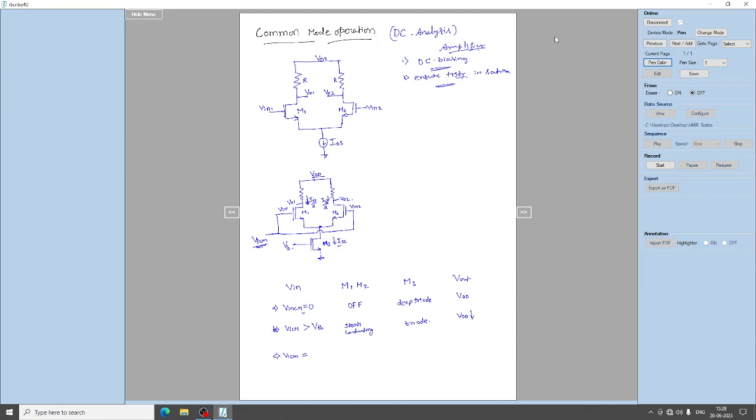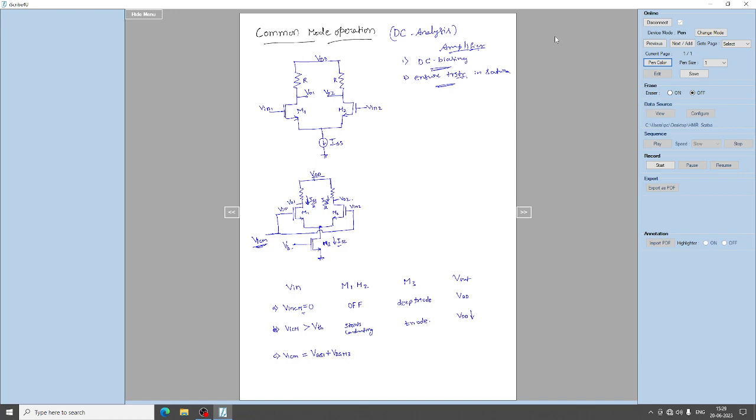So what we do, for VICM, I give it as VGS1 plus VDS of M3. So I will give the input voltage as VGS1 plus VDS of M3.